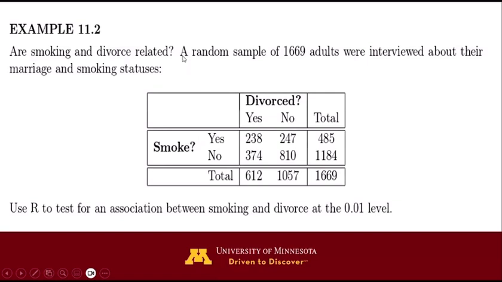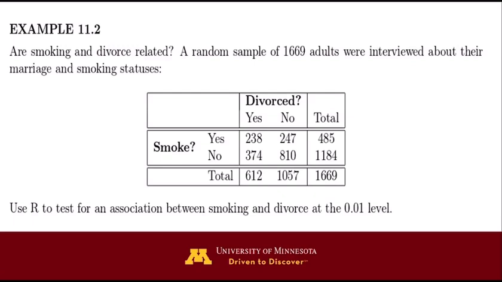Now you are told here a random sample of 1,669 adults were interviewed about their marriage and smoking statuses. Now the question here: use R to test for an association between smoking and divorce at the 0.01 level.